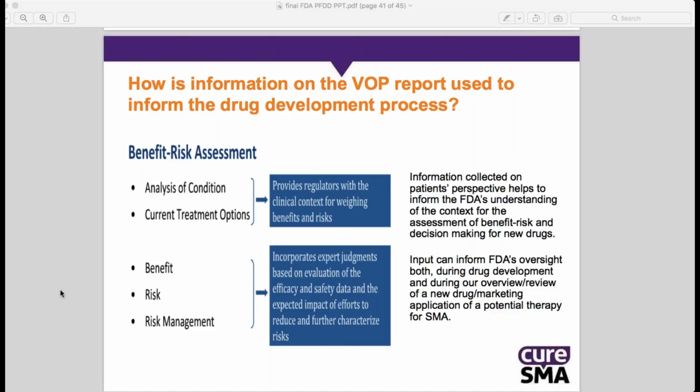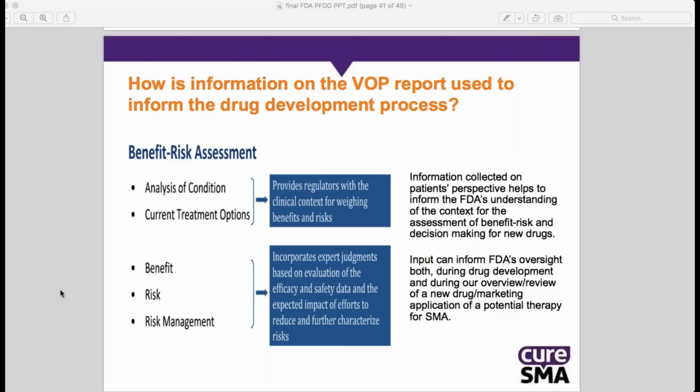One of the really cool things about patient-focused drug development is that it was actually linked directly to this benefit risk framework instrument. The very first two rows of that instrument that FDA looks at when making an approval decision are the same two topics you'll be discussing with FDA and other stakeholders at the patient-focused drug development meeting.